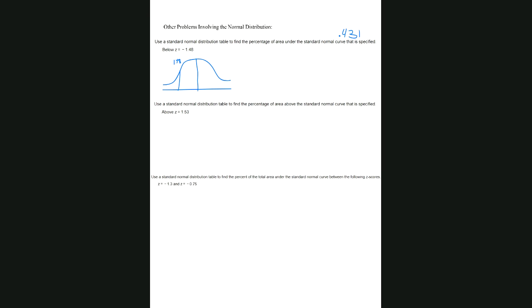So I want to find this area right here, not this. Based on the table, I know that from here over is 0.431.